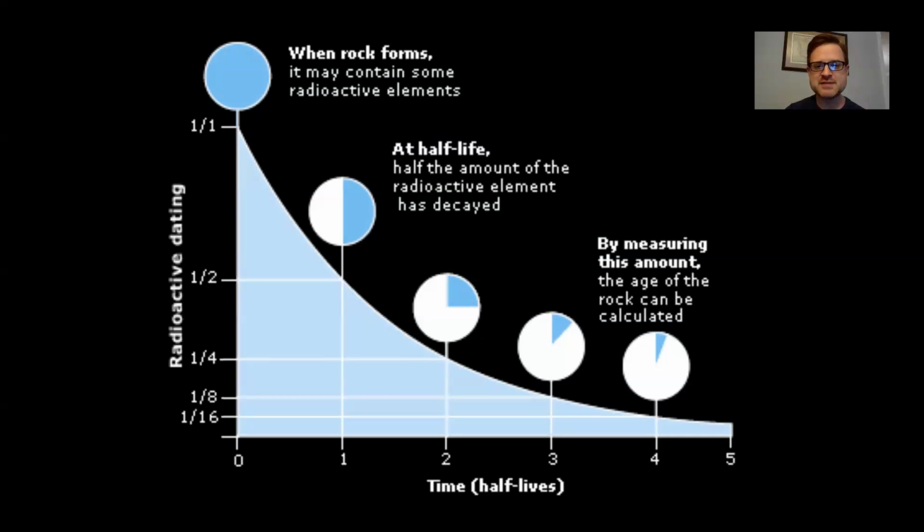A half-life is the time that it takes for half of the sample to decay into whatever it's going to turn into. Here I have the rock as it's first formed. In every half-life, you have half as much of the radioactive isotope, right?